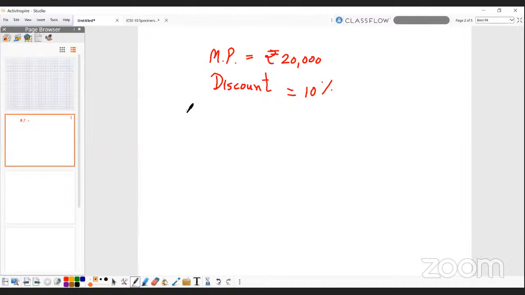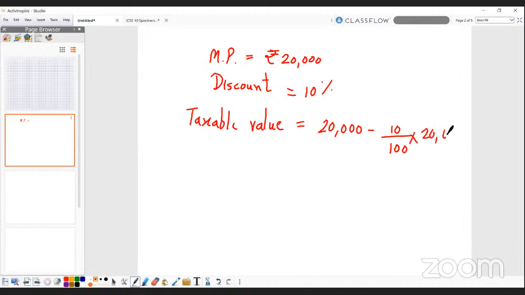So we get the taxable value. So the taxable value will be 20,000 minus 10 upon 100 into 20,000. Zeros will cancel each other. It will be how much? 20,000 minus 2,000, which is 18,000.